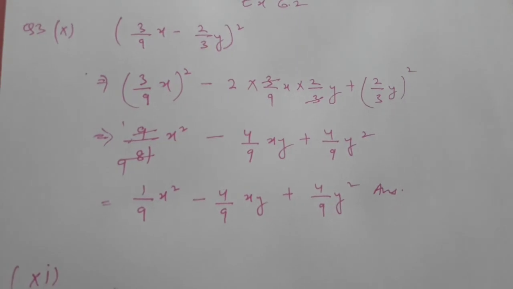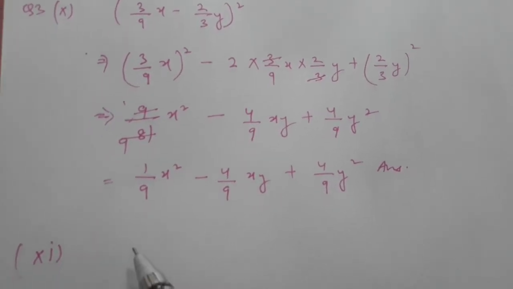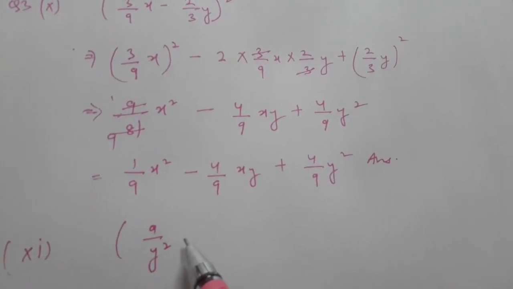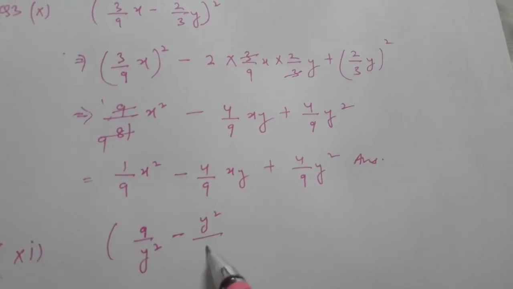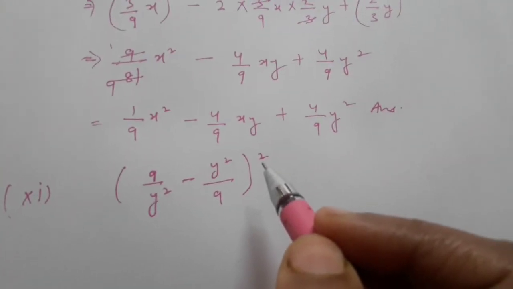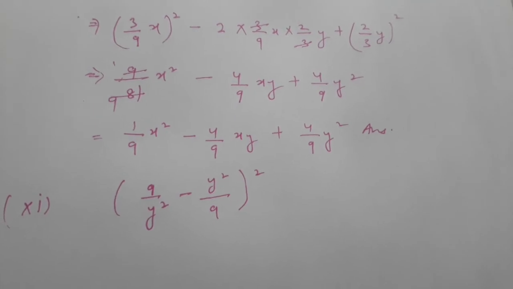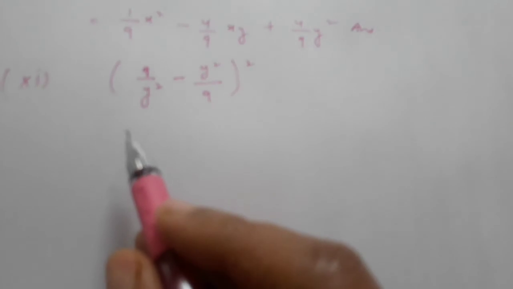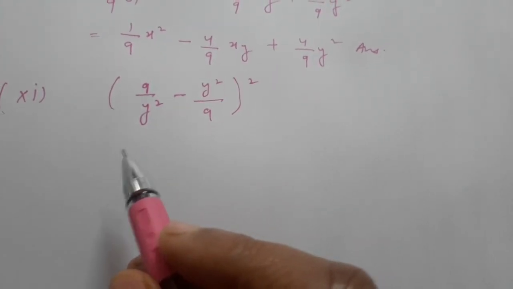So now let's move to the 11th part, which is (9/y² − y²/9)². It's a bit tricky question, so be careful while solving it. So the 11th part is (9/y² − y²/9)².